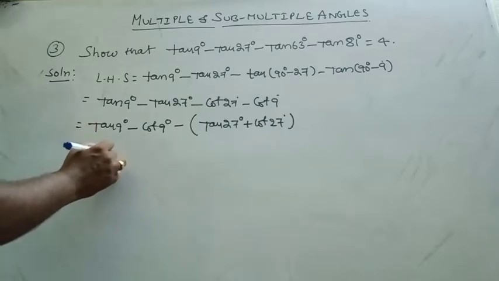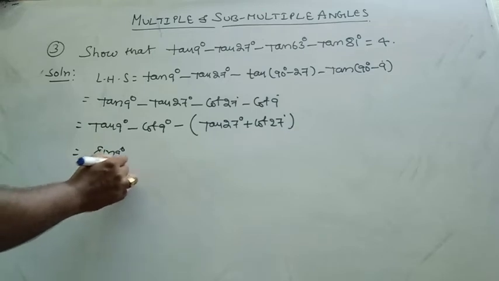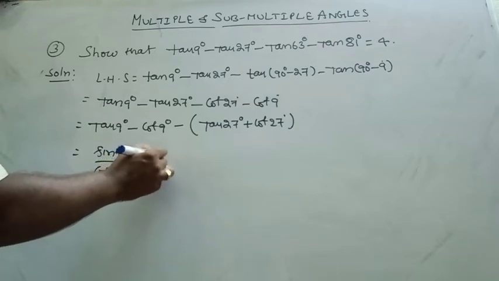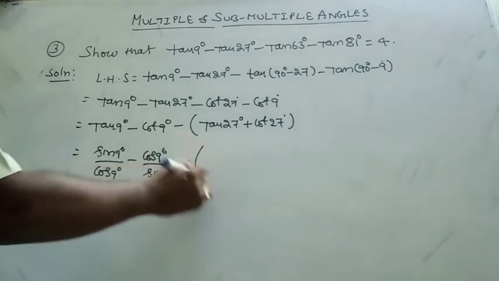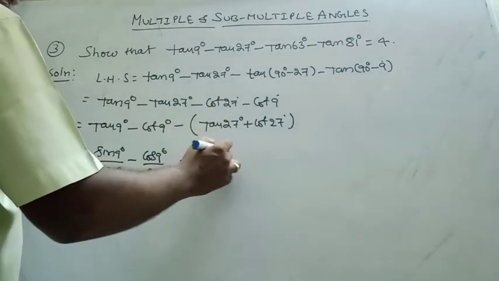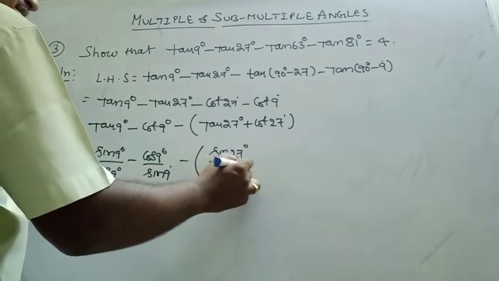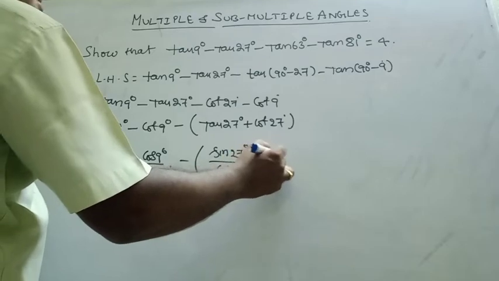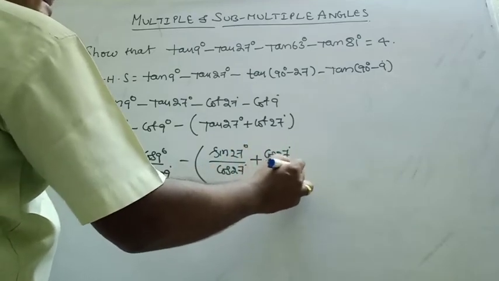Tan 9 means sin 9 degrees by cos 9 degrees, minus cos 9 degrees by sin 9 degrees, minus, this is sin 27 degrees by cos 27 degrees, plus cos 27 degrees by sin 27 degrees, like this.